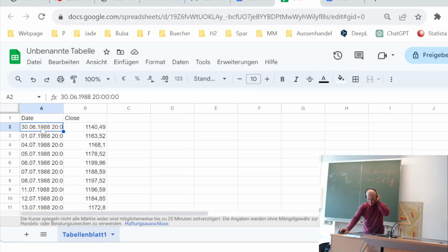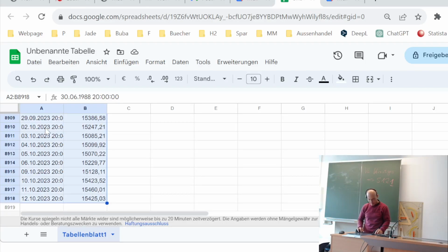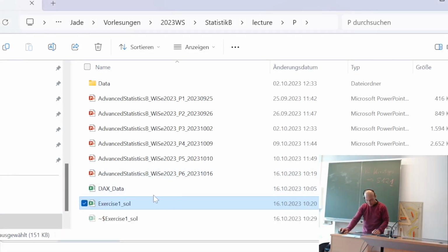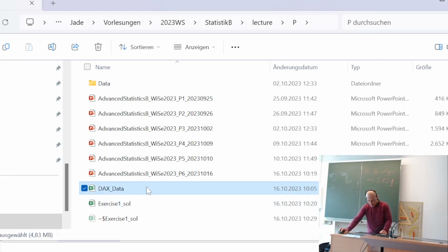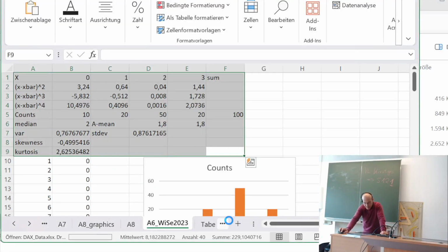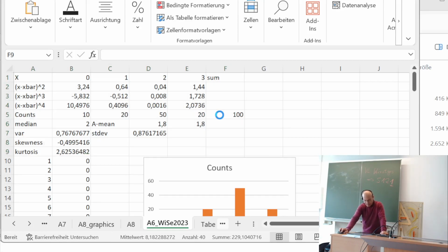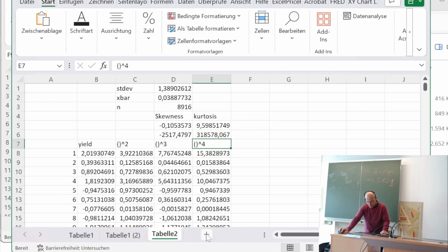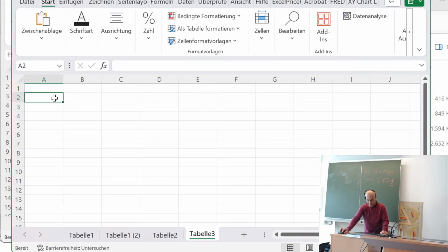So, this is then our data, and with this data I want to go again to Excel with you. I will not do all the manipulation with you right now, because this would take too long, but this is how I did it.